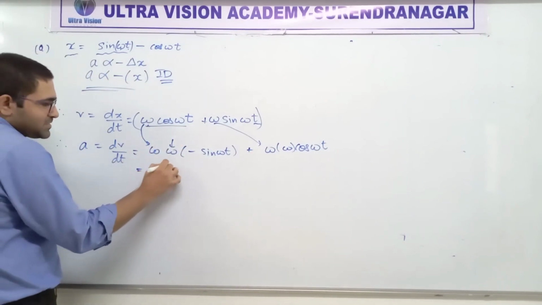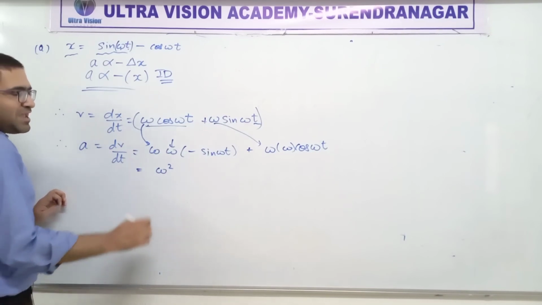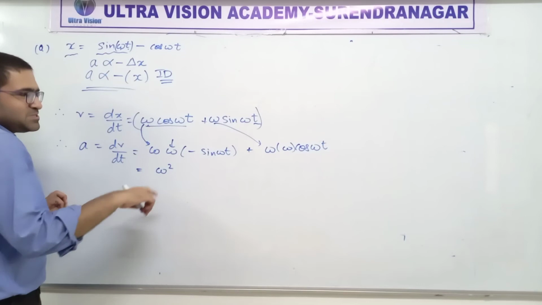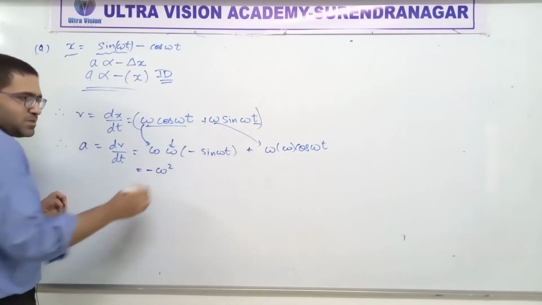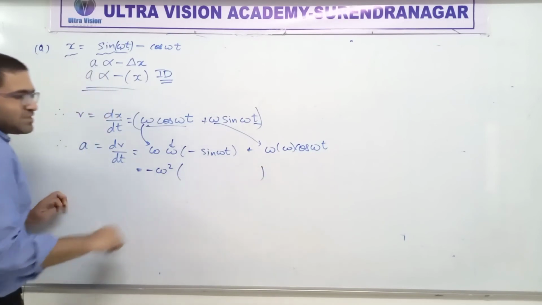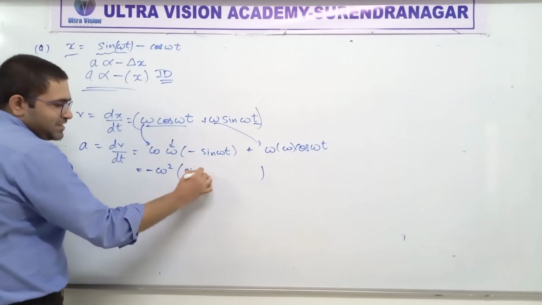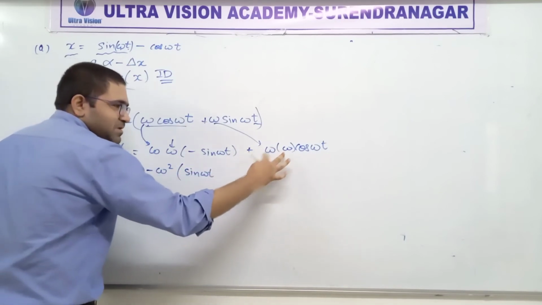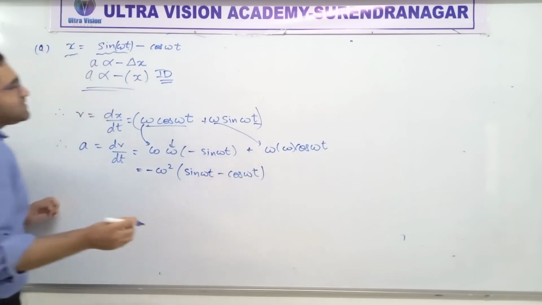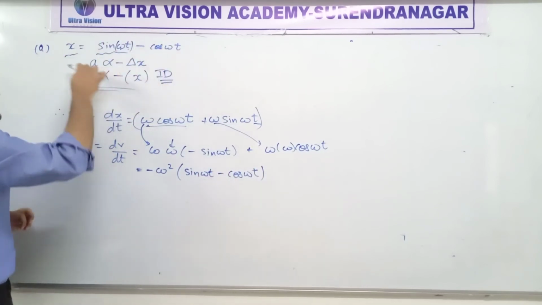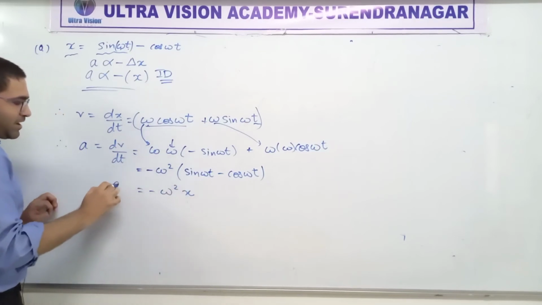Okay, so let's take things common. Omega square is common, isn't it? Let me change the sign by taking minus also outside. So what do we get? I get sine omega t, and here, if it's plus and I change the sign, I'll get minus cos omega t. You see why I did this, so that we can match it with x. So this is equal to minus omega square x.